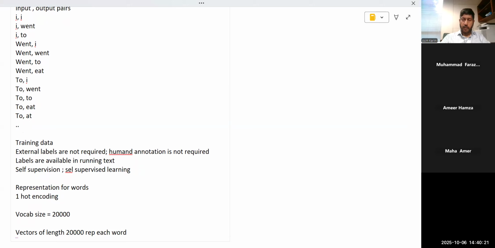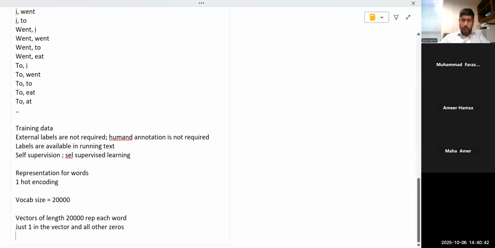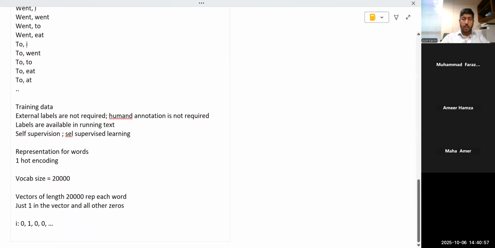And so when a particular word occurs, you will have a vector with just one 1 in the vector and all other zeros. Okay. So let's say I have to represent "I", and let's say the position of "I", again just for example, is the second position, so 0 1 0 0, all the rest will be zeros. So this would be for "I".